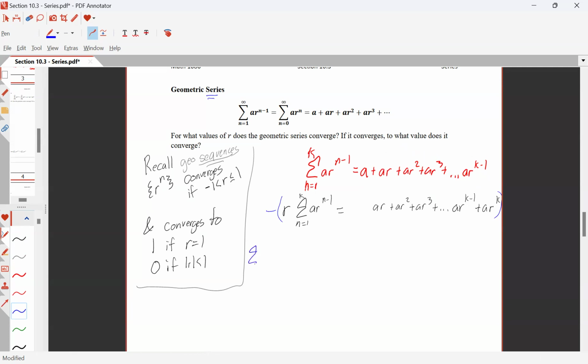This will give us the partial sum n equals 1 to k, r to the n minus 1, minus r times that same partial sum, which is equal to, everything cancels out, except for that first and last term, a and ar to the k. And it's subtracting, I know it's plus here, but remember we're subtracting this second line.